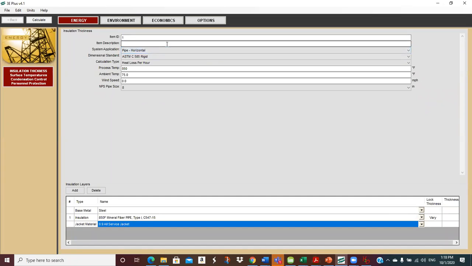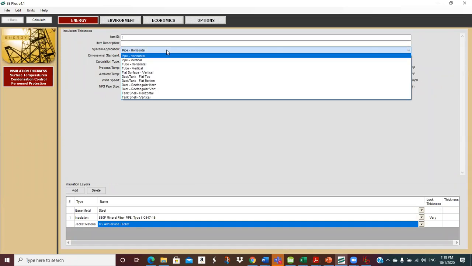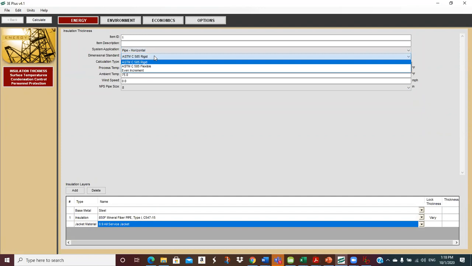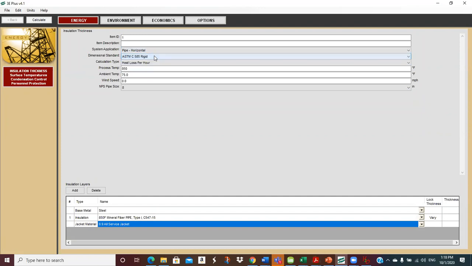Descriptor, that's just for you, to keep up with what you're running. There's all of the different configurations: pipe, horizontal, vertical, tube. Don't ask me the difference between a pipe and a tube, I don't know. Please don't ask me that. Anyway, you got shells and stuff, but so there's your units. Like I said, I've never really messed with those.